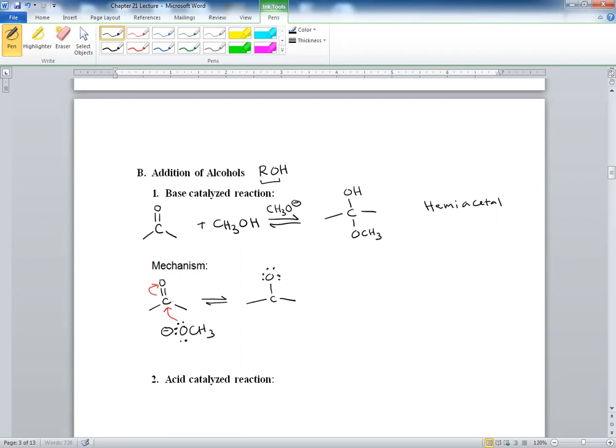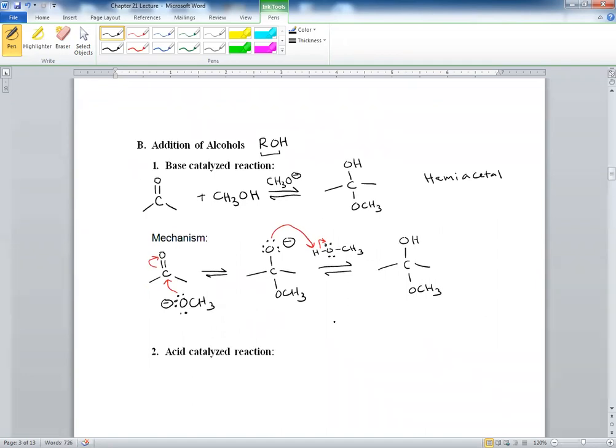And then you have the methanol as your solvent, and it can help protonate the charged oxygen. So here's your hemiacetal product.